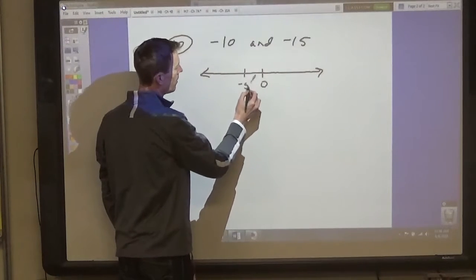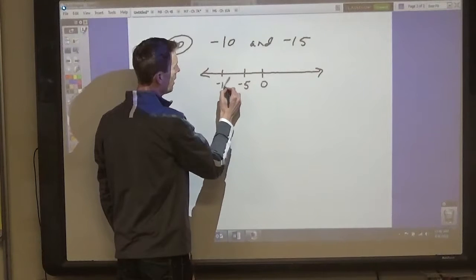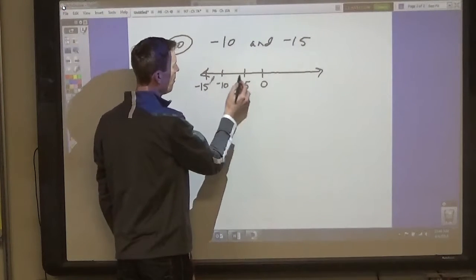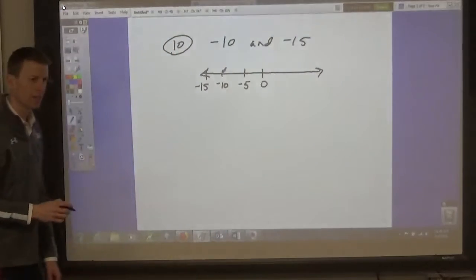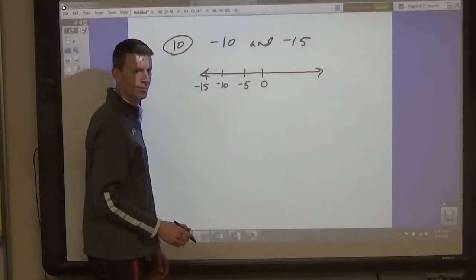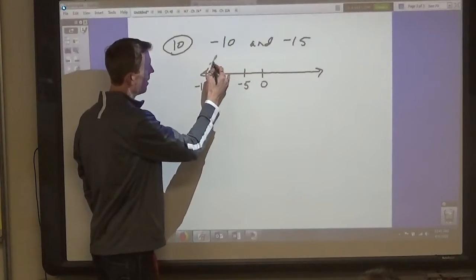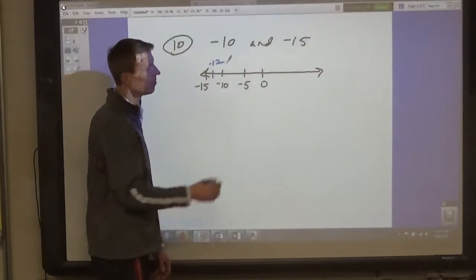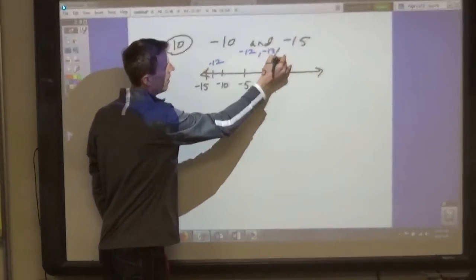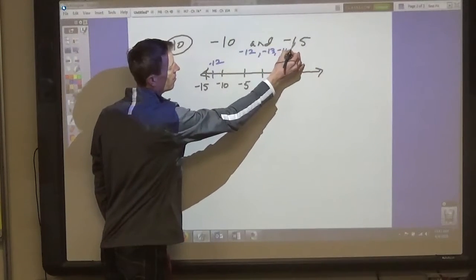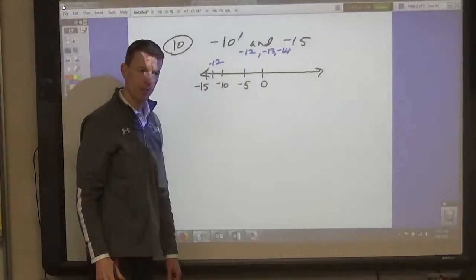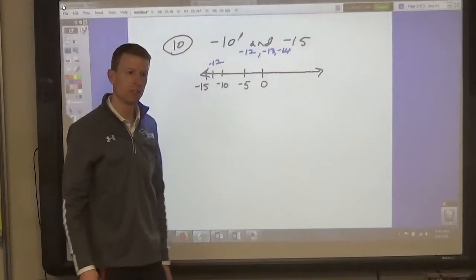Negative 5, negative 10, negative 15. What would be some whole numbers in between? Yeah, so like negative 12. And negative 13. And negative 14. Those are all in between these two. Okay? So you can just pick one of those.